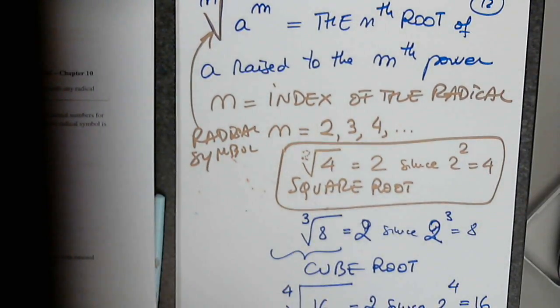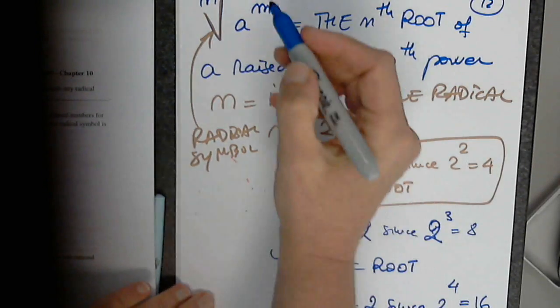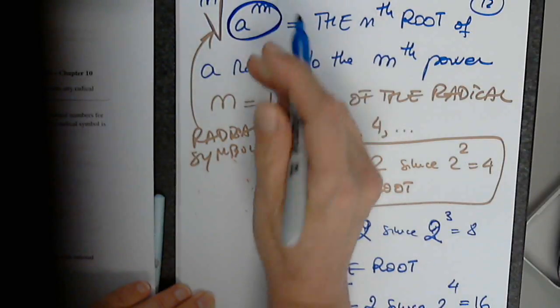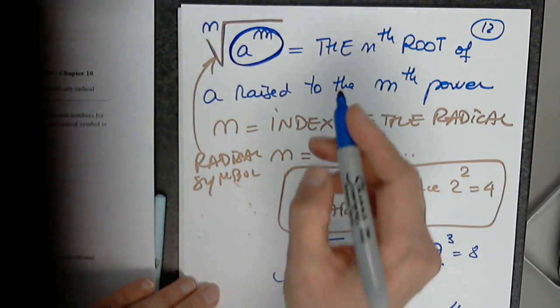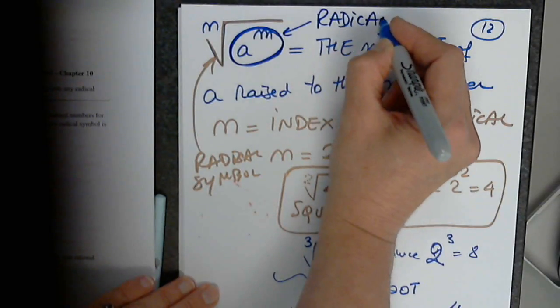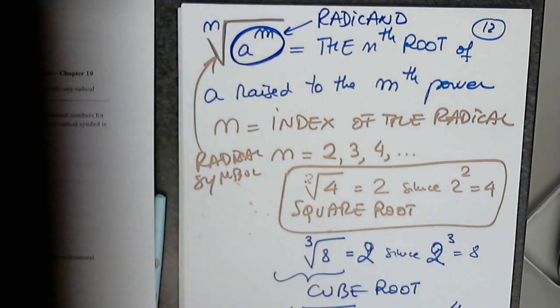And the quantity under the square root or the cube root or the nth root has a special name. We have to remember this name. It's called radicand. So any quantity that is completely under a radical is called radicand.